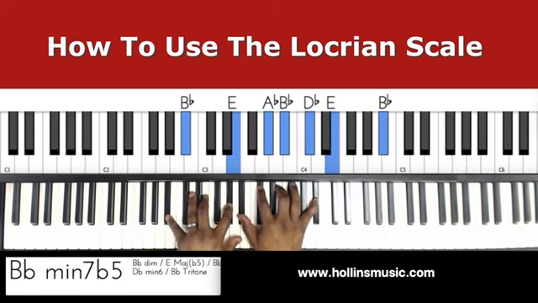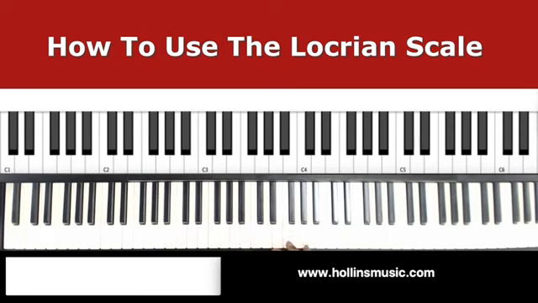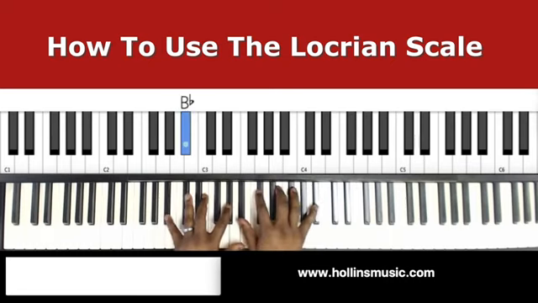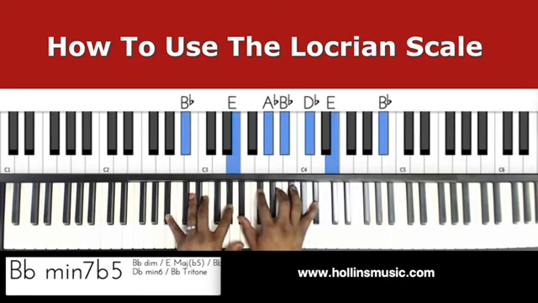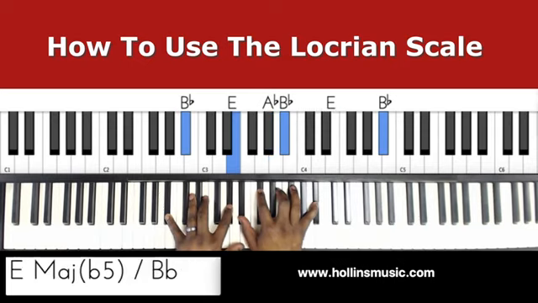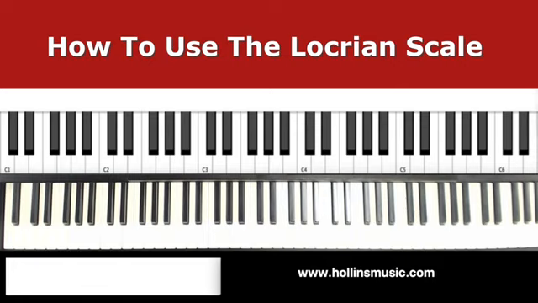And what I have to ask myself is, what key would B flat minor 7 flat 5 be the 7th tone in? Okay, I don't want to confuse anybody. In other words, you ask yourself, if I was playing a major scale, what major scale would B flat end up being the 7th tone? Okay, that's what you do.